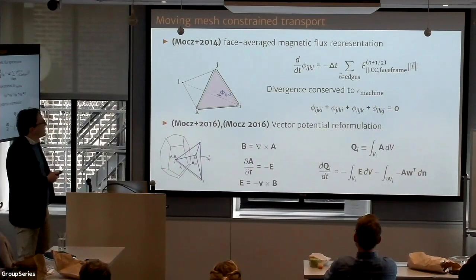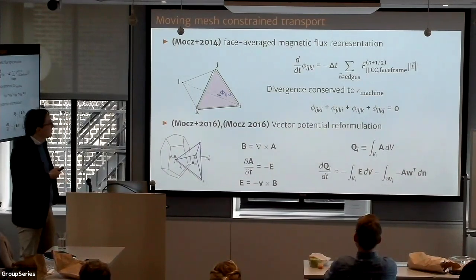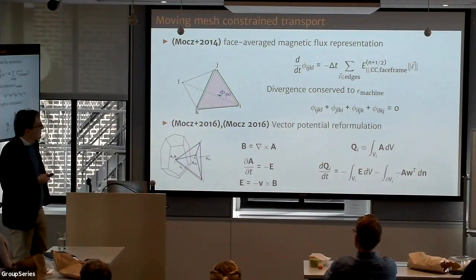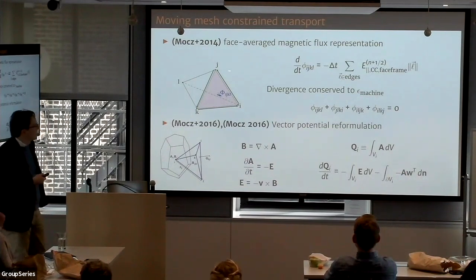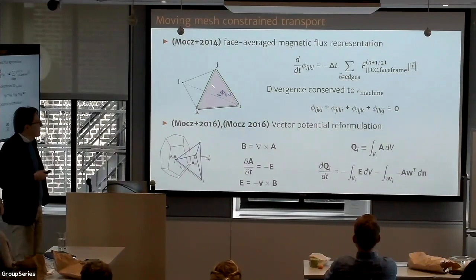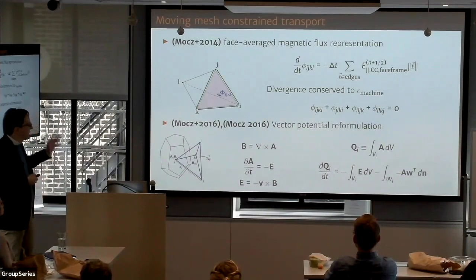First of all, you can always play the same game. You can keep track of the flux on a face, and you can take these circuits to calculate the electromotive force in an oriented fashion, and then the contributions will always cancel with neighboring faces, so that the sum of the fluxes is always 0.